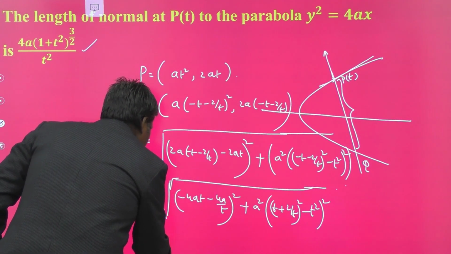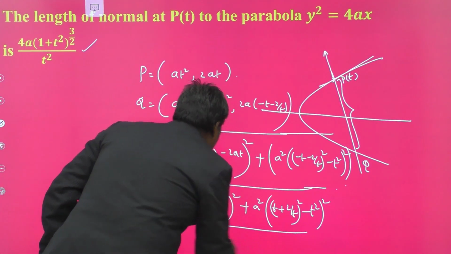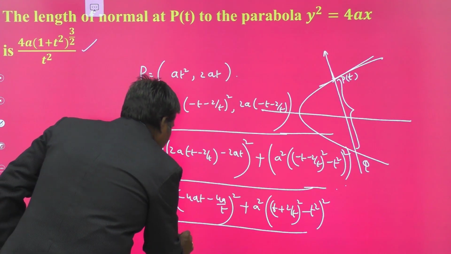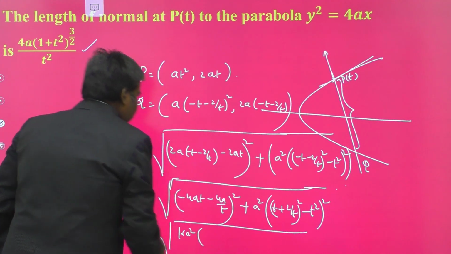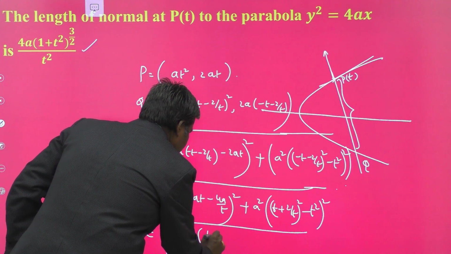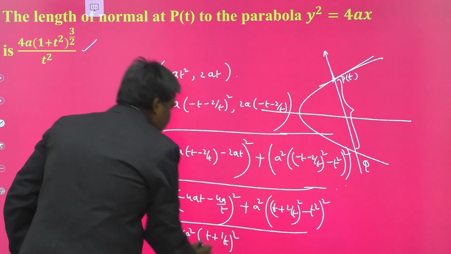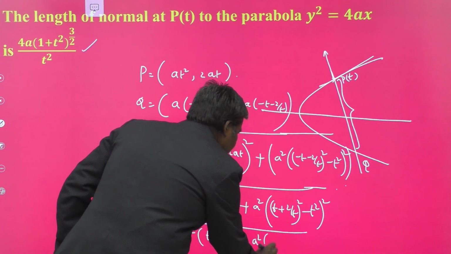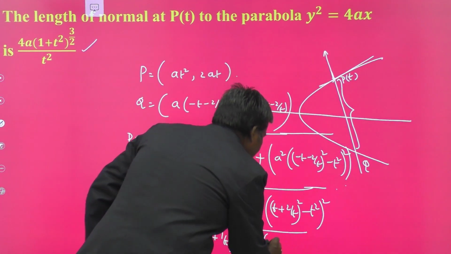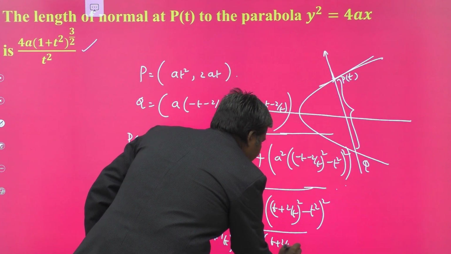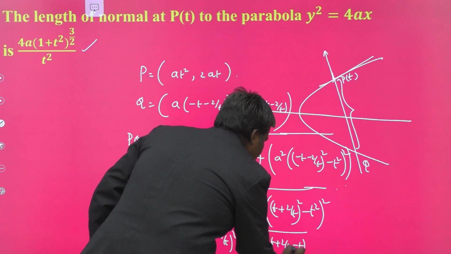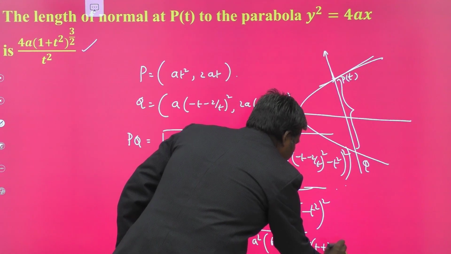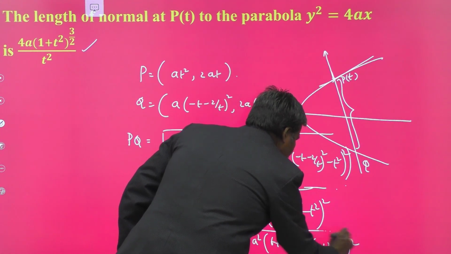So this can be written as, you may take common 4a whole square, that is 16a square times of (t plus 1 by t) whole square plus a square into, this is nothing but (t plus 2 by t) minus t square into (t plus 2 by t) plus t square.